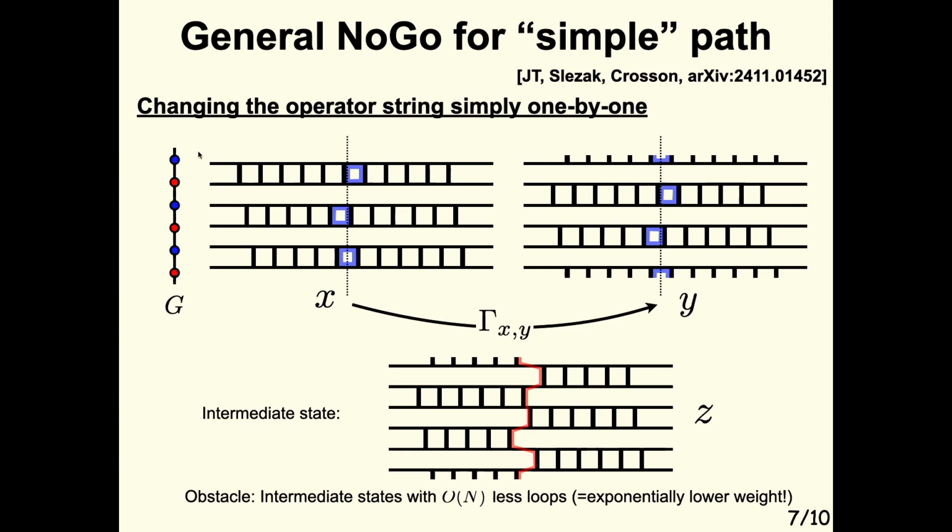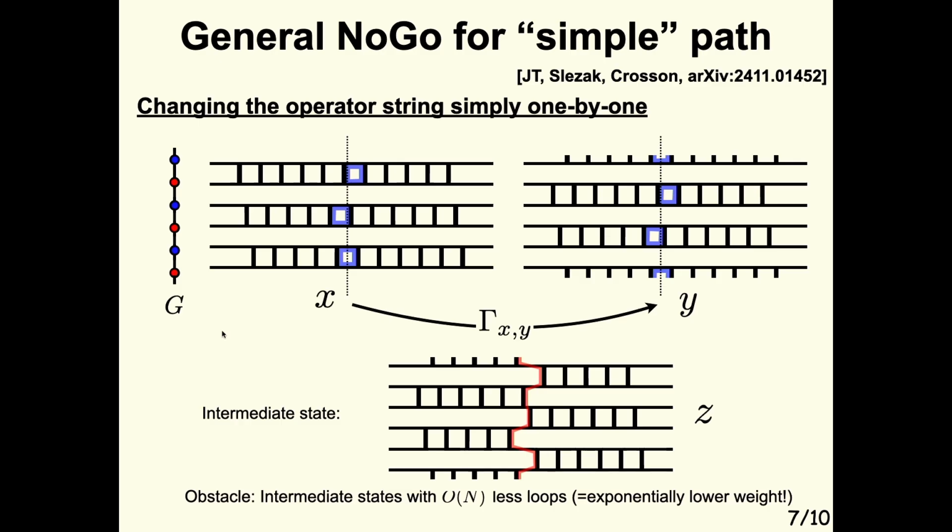In this case, you can actually have order n loops, both in x and y. But now that is becoming just one big loop, which means that when you have 2 to the power of number of loops as the weight, you have exponentially lower weight in this intermediate point. So this simple path is not going to work for proving fast mixing for general graphs that includes a line graph like this.